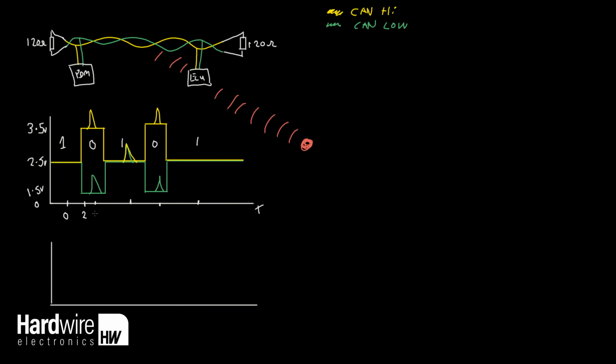And here, let's say that this is 4 volts, and let's say that this is 2 volts. Again, CAN high minus CAN low, that's going to be 2. And here, let's say that this is 3 volts, so that's 3 minus 3, that's going to be 0. And here, 4 minus 2, that's going to be 2. And here, 2.5 minus 2.5, that's going to be 0.